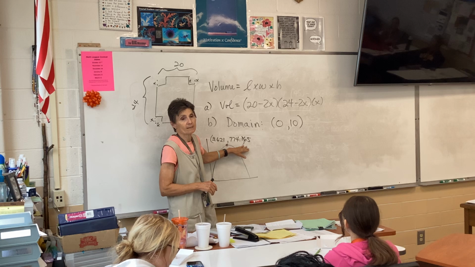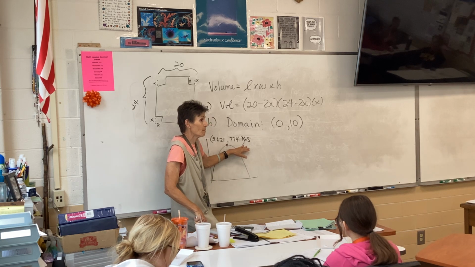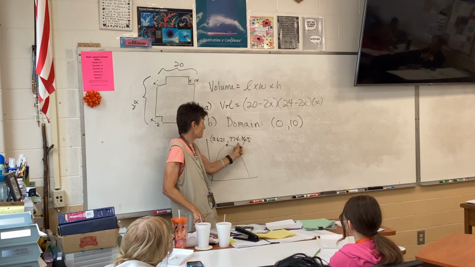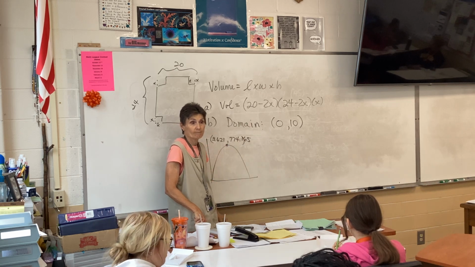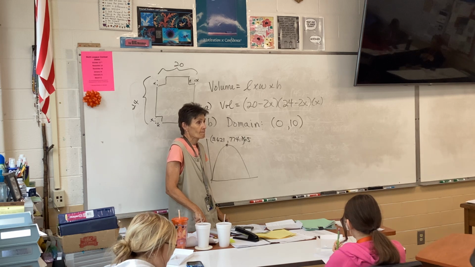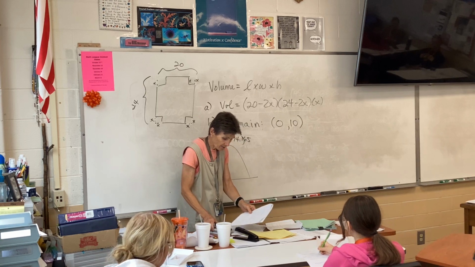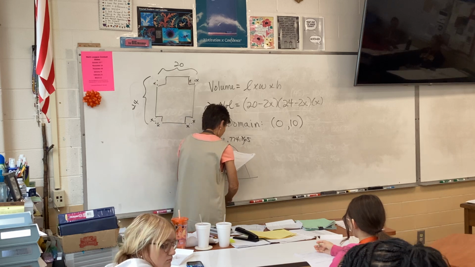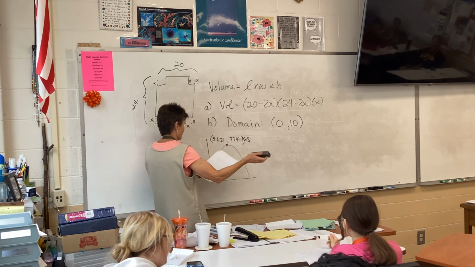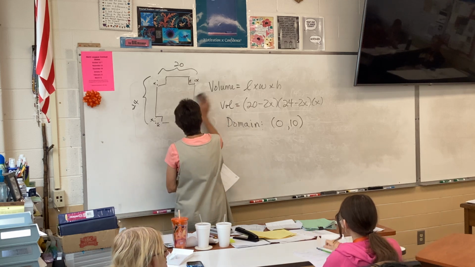So since the question said, find the maximum volume of the box, I'll say 774.165 cubic inches. Okay? All right. Still need your calculators. Don't put those away. Now we're skipping down to H. Problem H is a different kind of problem.